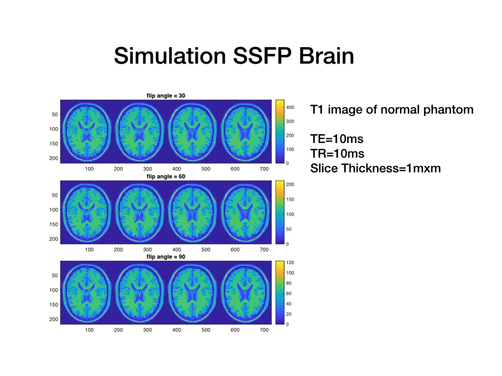This figure shows 4 slices when the flip angle is set to 30 degrees, 60 degrees, and 90 degrees respectively. The color bar with different indices indicates that different flip angles lead to differences in the magnitude of the signal.